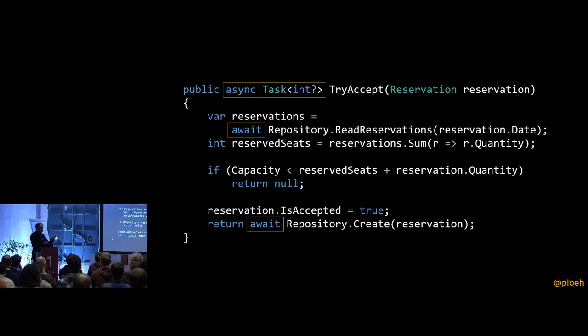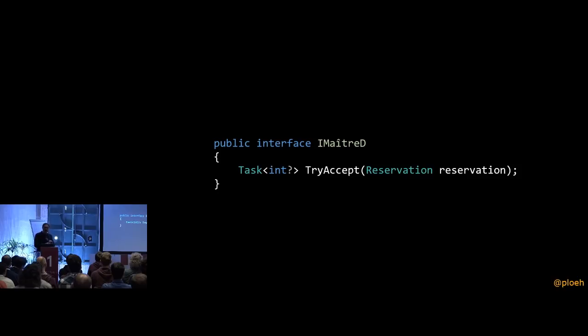But I changed the type of try_accept, and that means it's no longer going to compile unless I also change the type of the try_accept method that the interface defines, because otherwise I'm no longer implementing that interface. So this is where I think I'm beginning to get a little annoyed with this, because I can sort of accept that, well, yeah, okay, a repository is really an out-of-process resource, so it should be asynchronous.